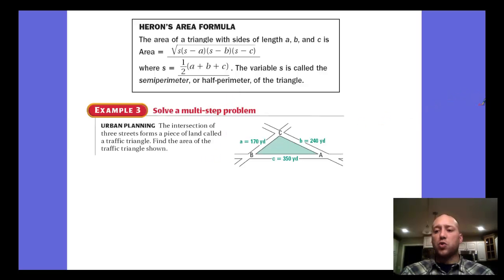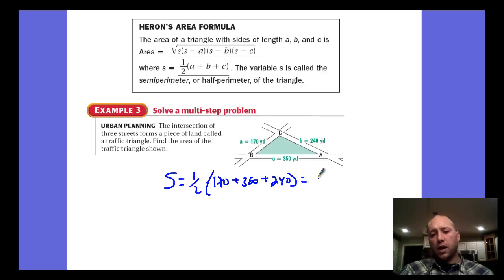So if you're given this triangle, an area within the city, we can find the area by first finding s. It's 1/2 times the quantity 170 plus 350 plus 240. If you do that, you find that the semi-perimeter would be 380.